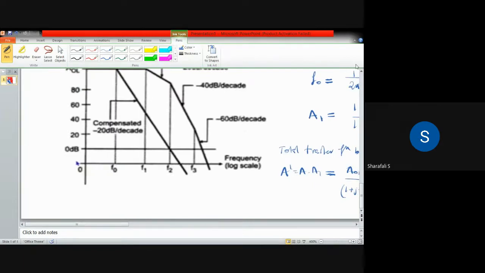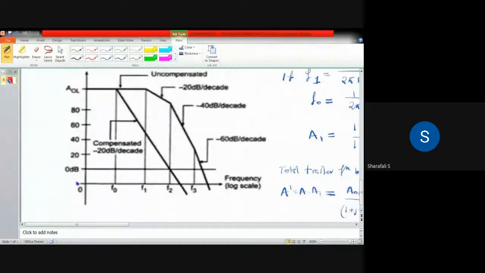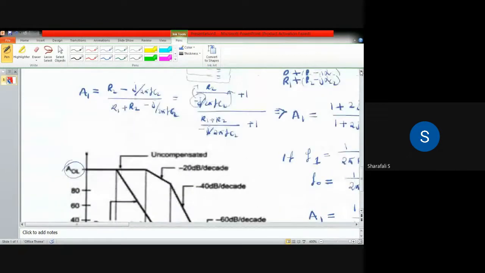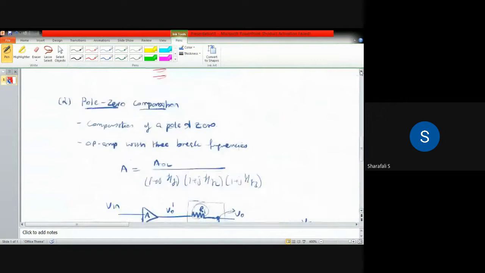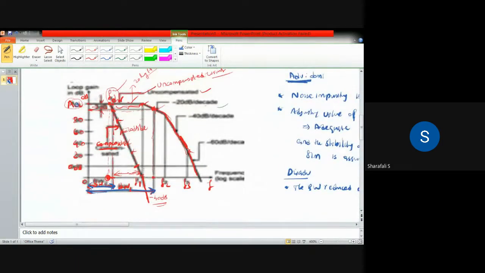So this is the figure representing the compensated and uncompensated frequency response. Here we can see that this is the maximum value, which is AOL, open loop gain, because we already took A equal to AOL by that quantity.